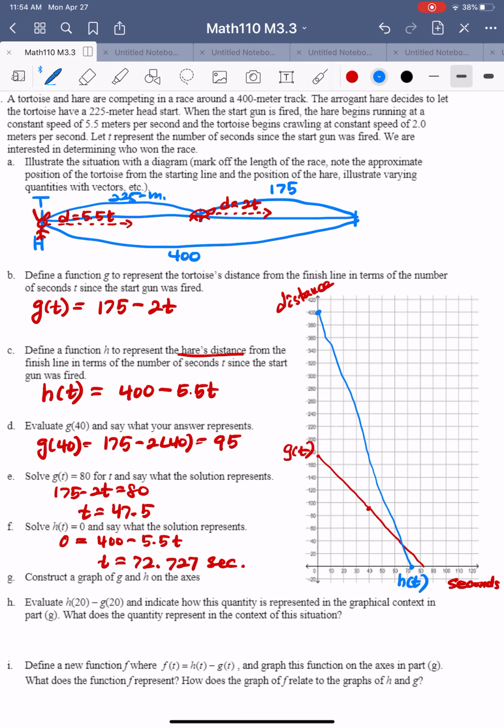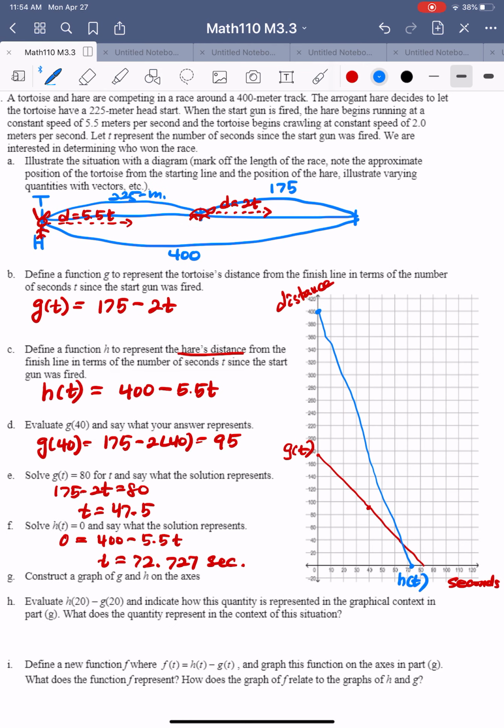So now evaluate h of 20 minus g of 20. So it was 20 seconds, about here to about here. And then we're looking for how far apart they are. So this is the distance, h of 20 subtract g of 20.